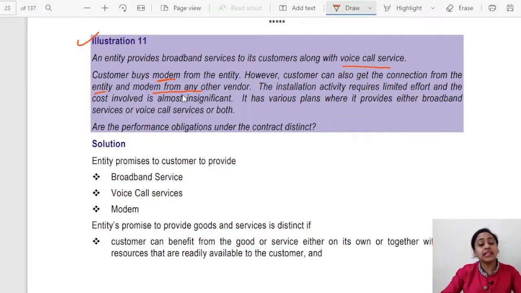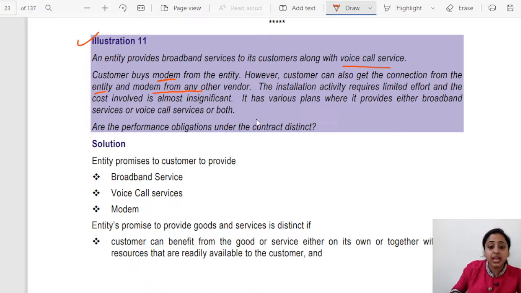There is a free market. You can buy one thing from this company and another from any other vendor. So these can be separated, these are distinct. Why distinct? Because they can be used on their own and can be purchased separately. There is no dependence, no high interrelation.